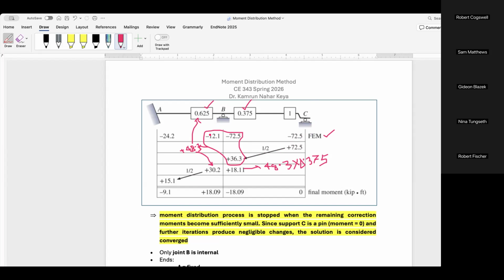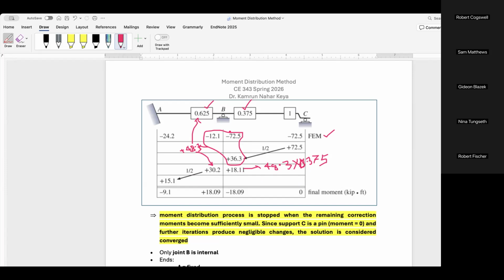And we have these 2 we get from fixed end moment. Sum of these 3, you will get 48.3. And this is 0. Okay, so I was writing and it's getting a triangle shape, 0. So 48.3 multiplied with the distribution factor you have, you will get this 18.11.